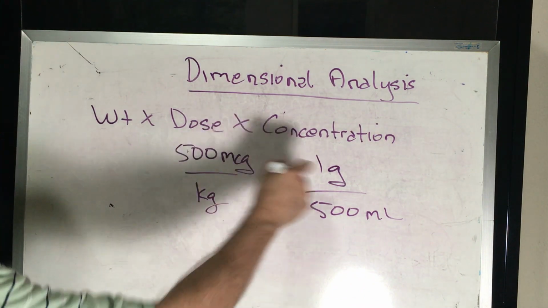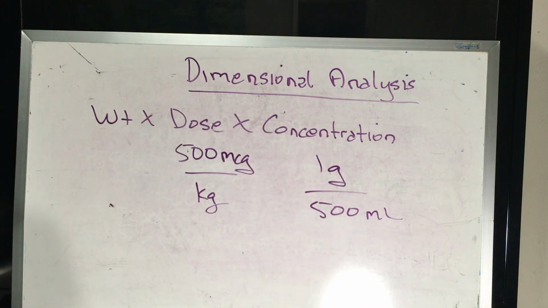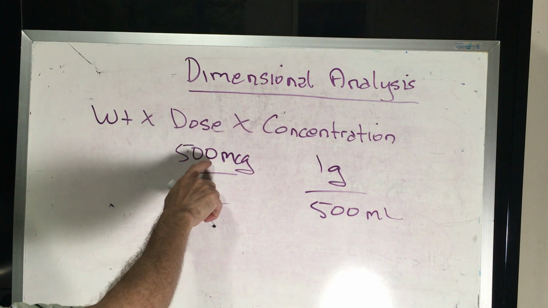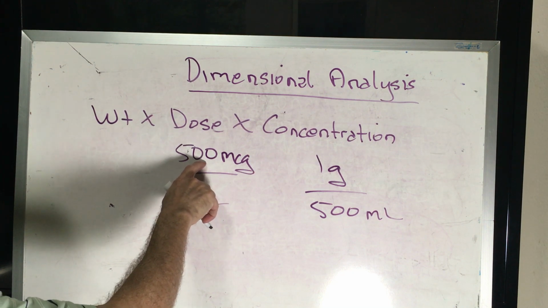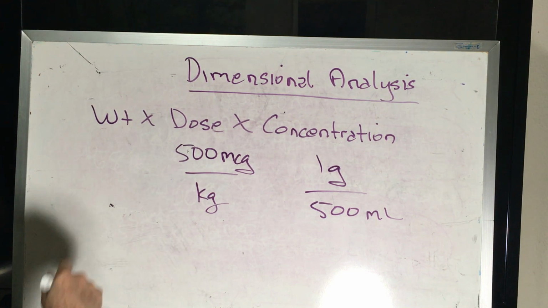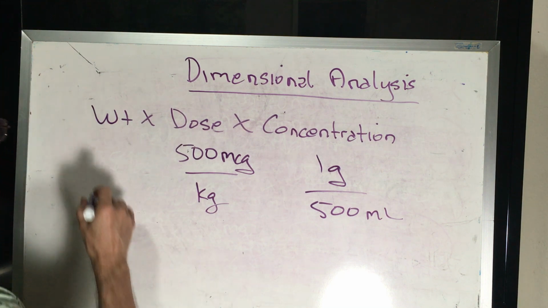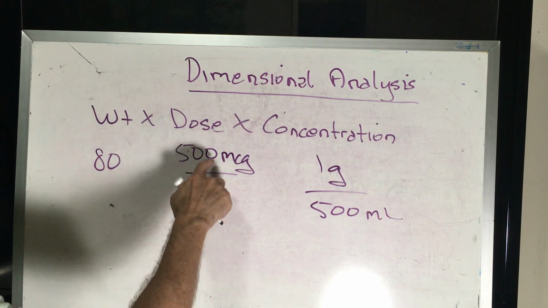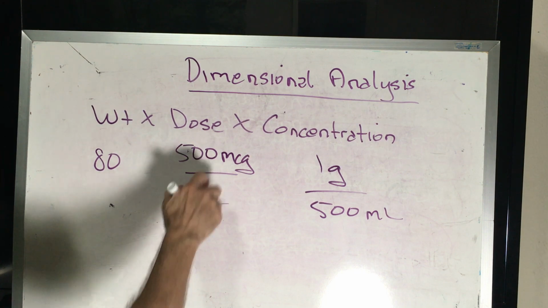Well, we need to go from micrograms to grams or grams to micrograms. It's not going to be a fun procedure. Let's convert this to milligrams and that to milligrams so that our units are in agreement. We'll worry about, let's see, what was a kilogram? 80 kilograms was the weight.